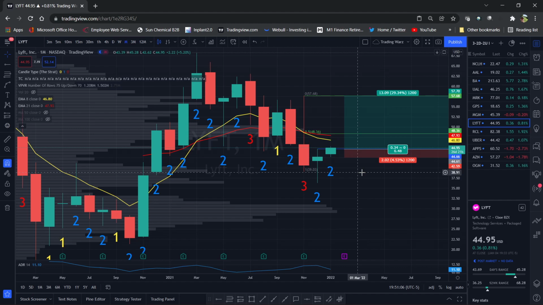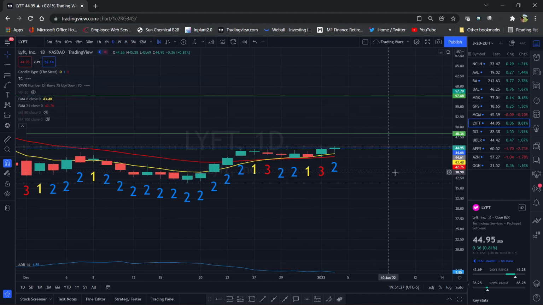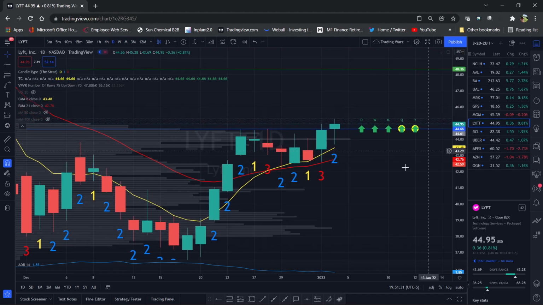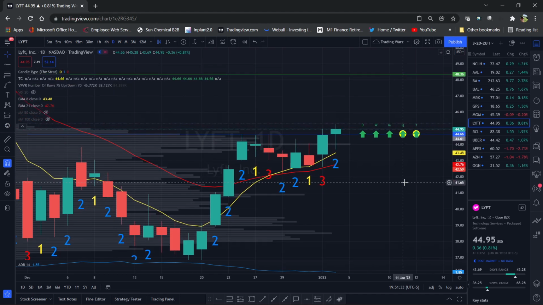So that would probably be if you didn't get in, if you want to play it long. I'm not sure if Ben was thinking of swinging this, but it did pull back quite a bit early in the day, and then it reclaimed and closed green. Actually got a nice little hammer on the daily.